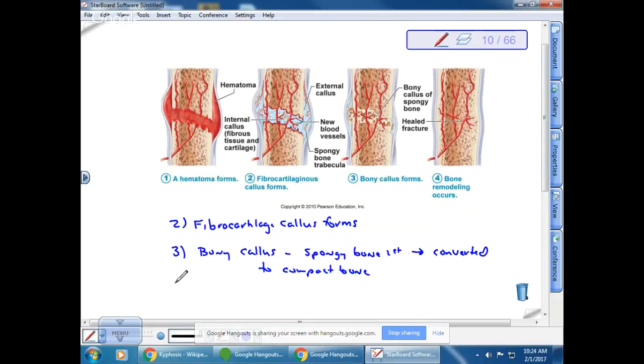And so the last thing is that we have bone remodeling, and specifically osteoclasts function to remove the bony callus that has formed.